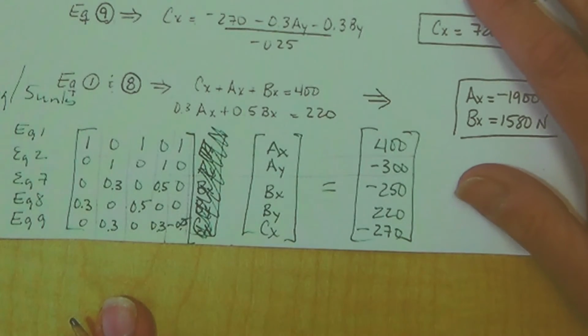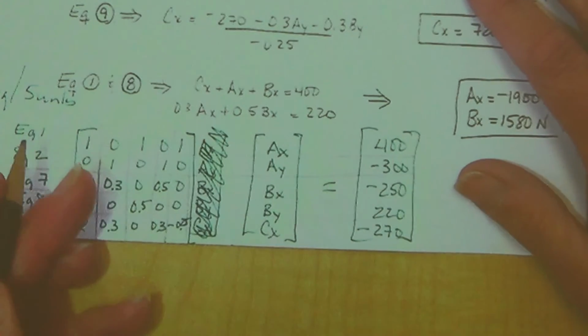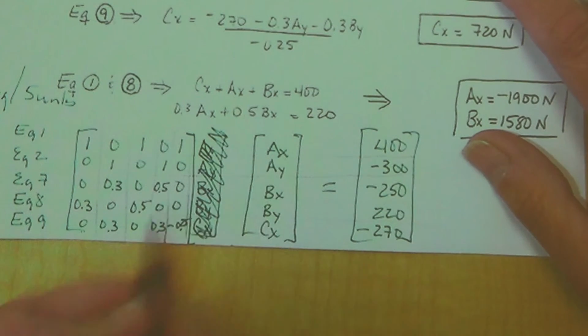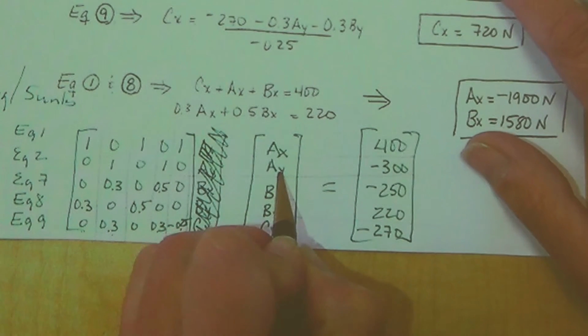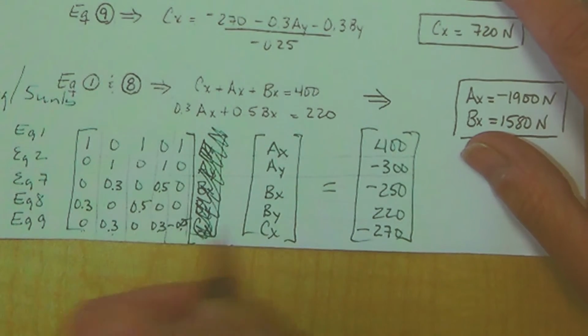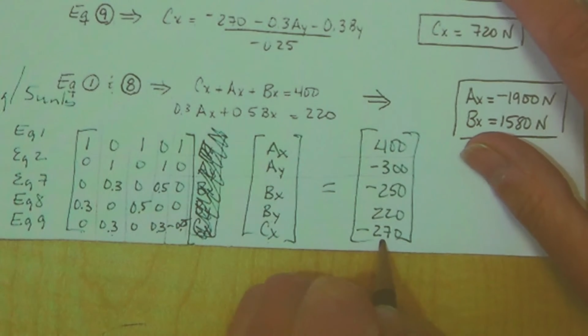AX, AY, BX, BY. So everybody look up here for a minute. So equation 9 is 0 times AX plus 0.3 times AY plus 0 times BX plus 0.3 times BY minus 0.25 times CX is equal to negative 270.